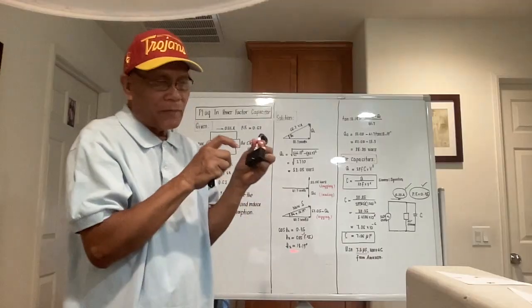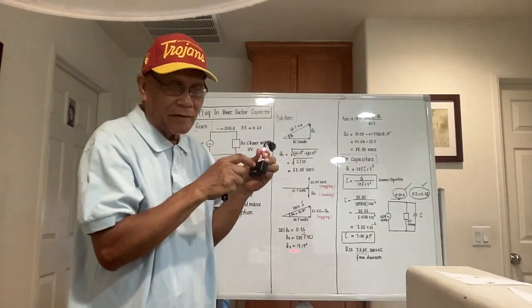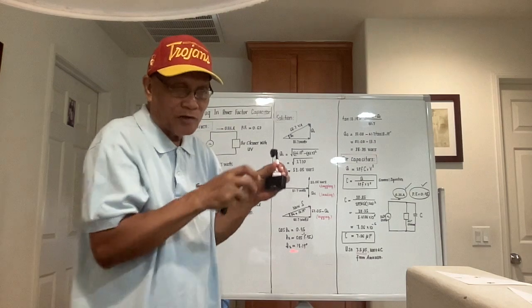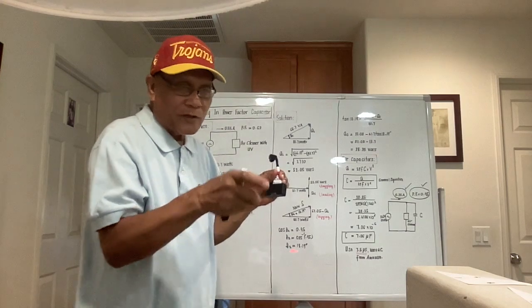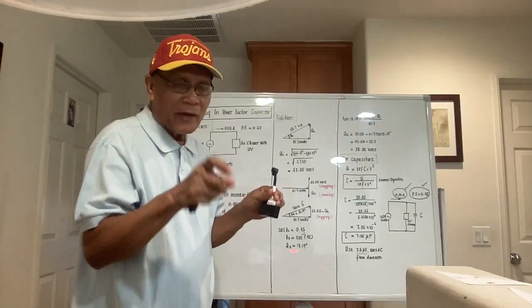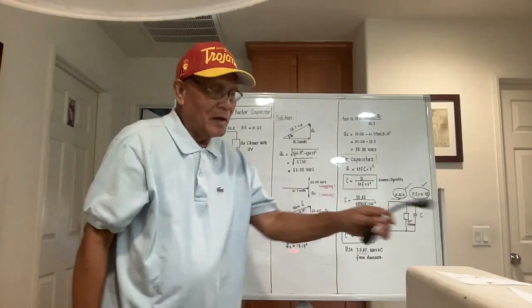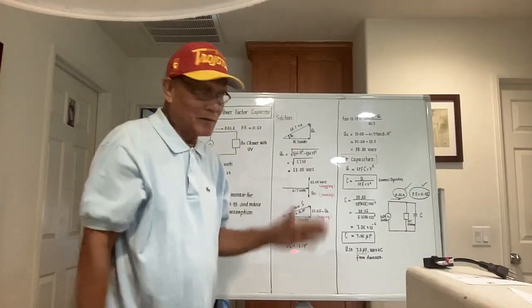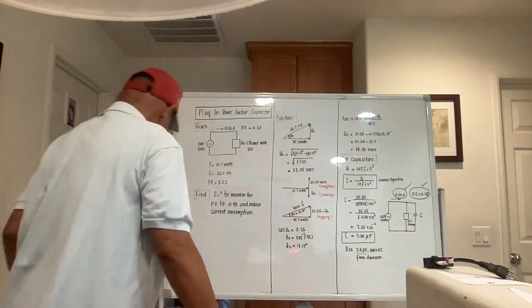We need the capacitance value of this one. Because if we try to buy something for us to use, we should specify the capacitance value, and it should be in microfarad. Microfarad is actually with the multiplier times 10 to the negative 6. Okay, let's proceed.